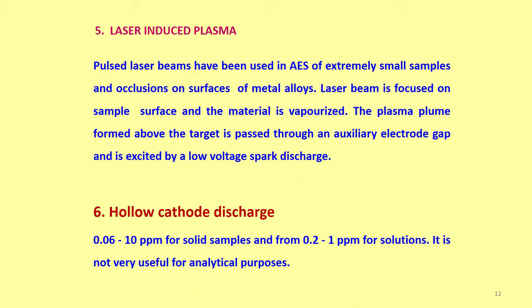So, in the pulsed laser beam, what we do is atomic emission spectrometry of very small samples and occlusions on the surface of the metal. You take a metal surface, hit it with a laser, it goes out. So, a laser beam is so sharp that it will interact only with a very small portion of the sample and then it will go off.